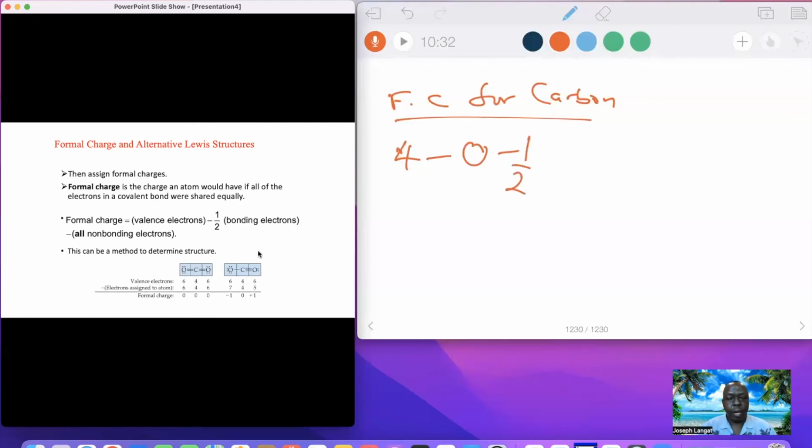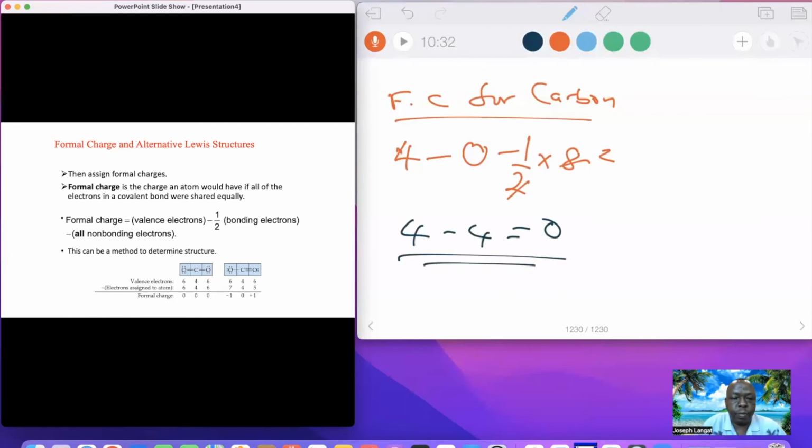If I look at carbon, there are 2 lines here, there are 2 lines here. So 8 bonding electrons, so 4 minus 4 equals 0. So carbon has a charge of 0. It's the same thing for the second one.